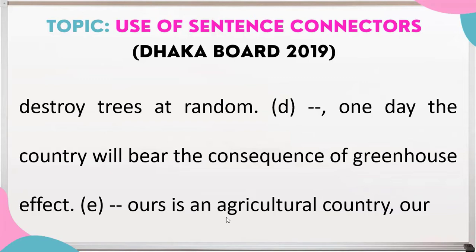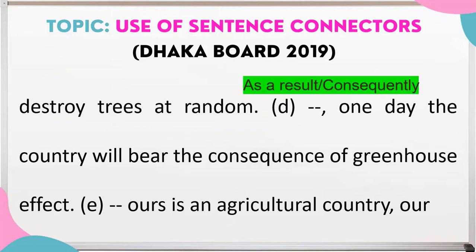Question D. One day the country will bear the consequence of greenhouse effect. Here this sentence of question D indicates a consequence. So hopefully this one is very easy for you. You have probably answered. Let's match your answer with the answer shown on the screen.